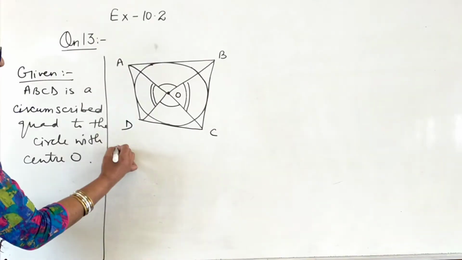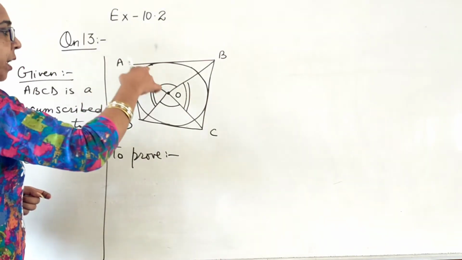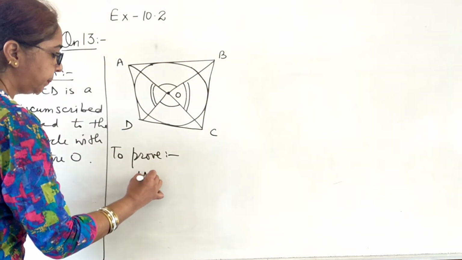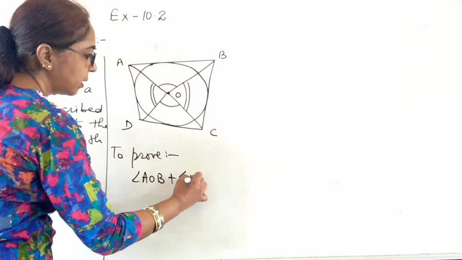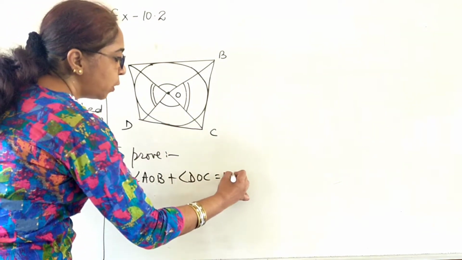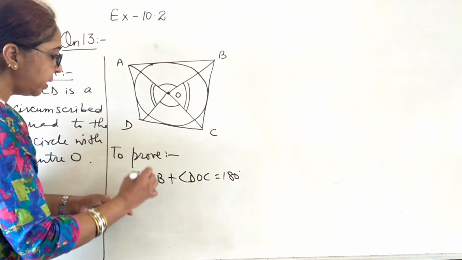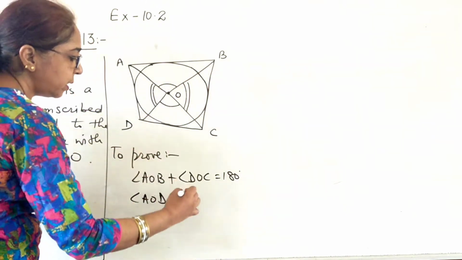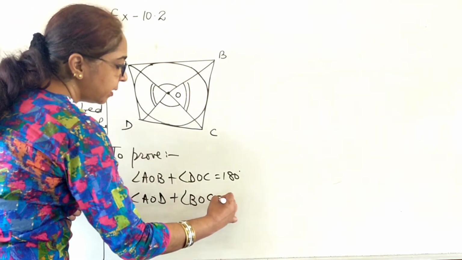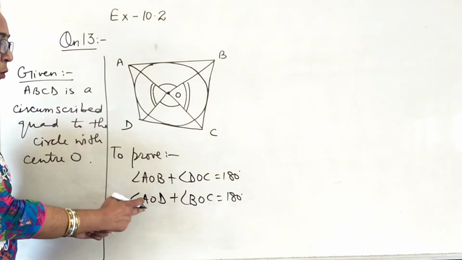We have to prove that angle AOB plus angle DOC is equal to 180, or angle AOD plus angle BOC is 180. This we have to prove. I hope you understand the given and the proof.